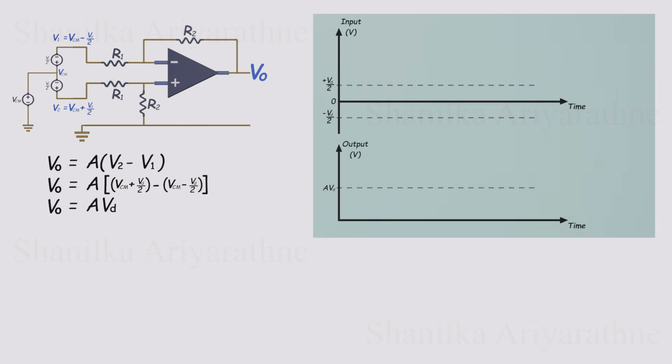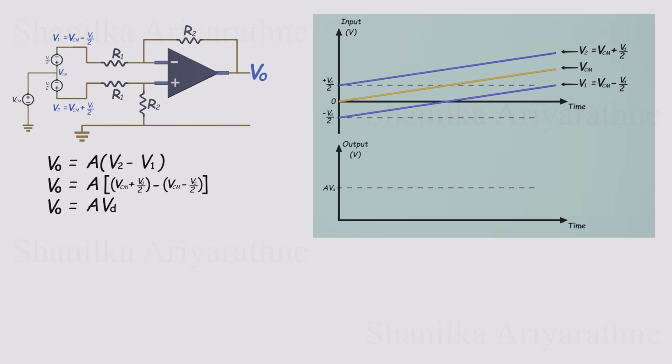Let's make this clearer with the graph. Imagine we slowly increase VCM in a straight line. When VCM is 0, the inputs are simply V1 equals minus VD over 2 and V2 equals plus VD over 2. As we raise VCM, both inputs shift upward together. On the graph, you'll see both inputs climbing in parallel.